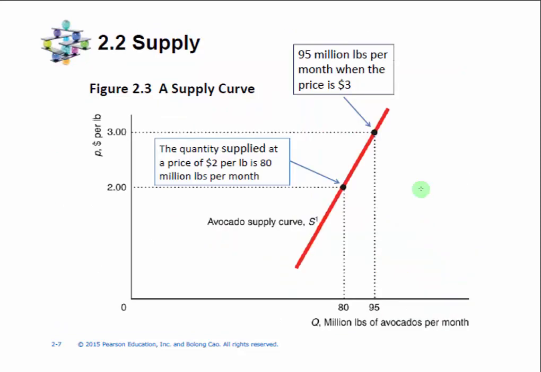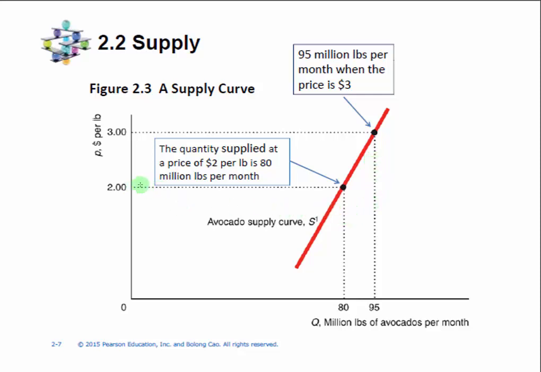We have talked about the demand curve, and the demand curve is downward sloping. For the supply curve, in the market we have demand and supply, and the supply curve is upward sloping. What it says is basically as the price goes up, the quantity supplied tends to be higher. This may not be true for every single market, but in general, when we talk about supply and demand, we tend to think at higher prices, the quantity supplied will be higher.